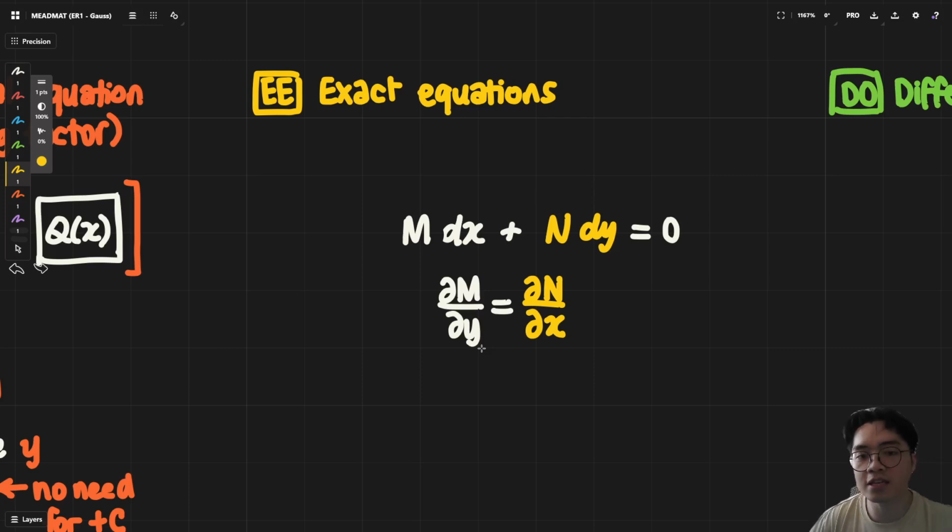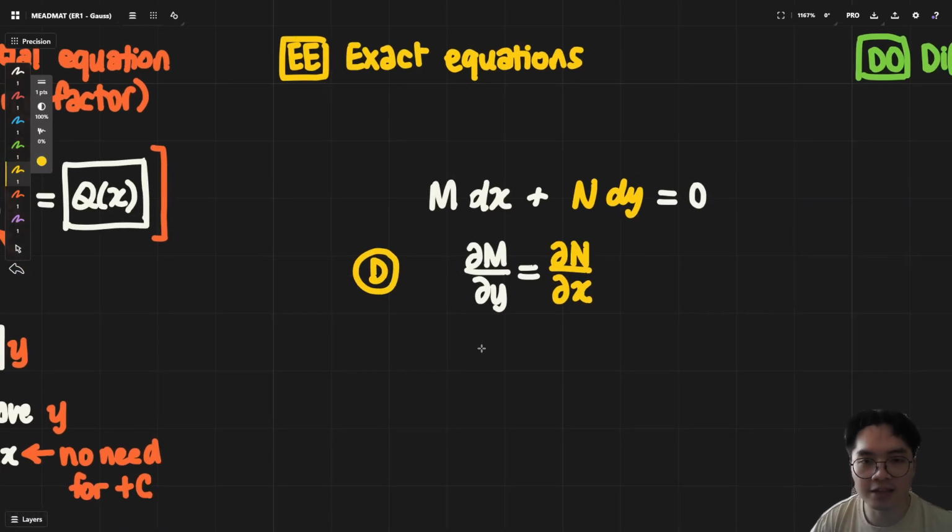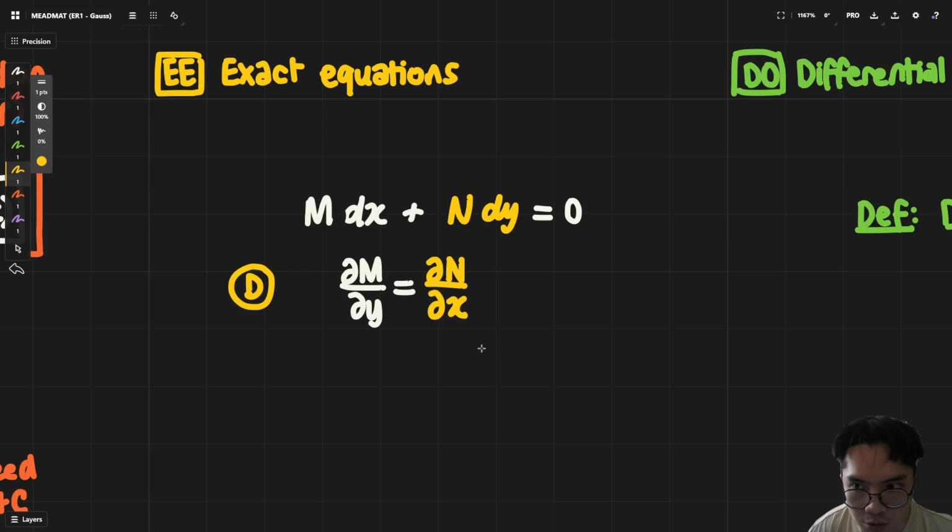So in this case, what we're doing here is deriving with respect to the other variable. And this deriving stage is very important. This is first and foremost the checking stage to see if it is fit for exact equations. If it is, then you can proceed with the rest of your solution.